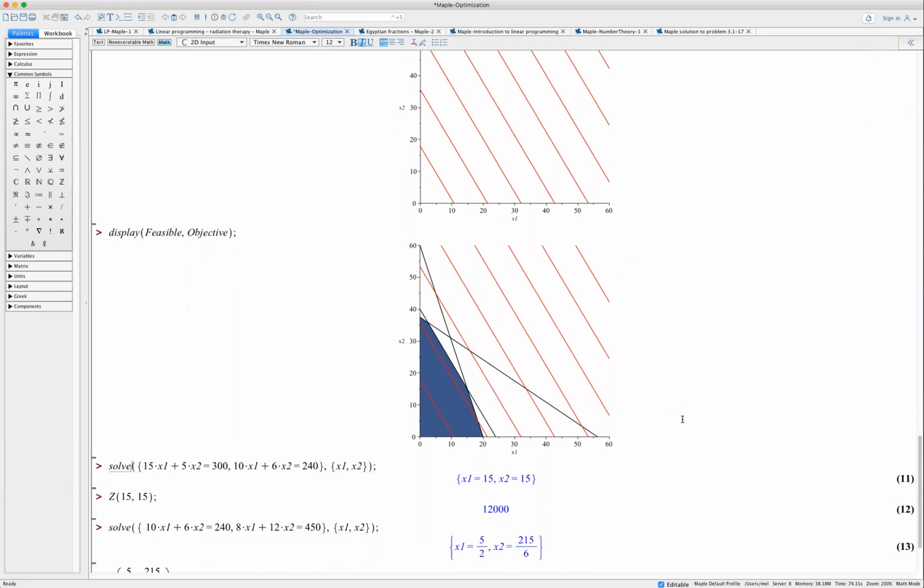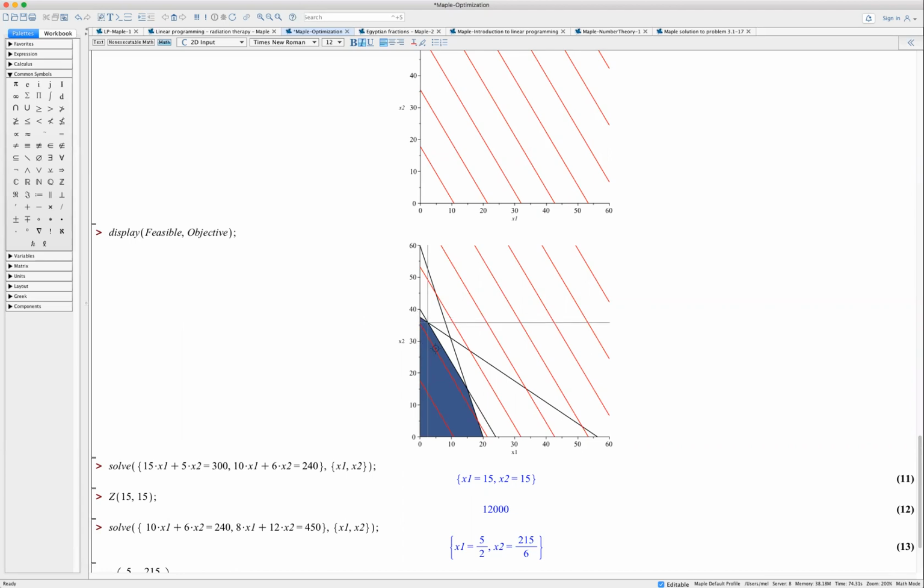But we'll prove, this is the simplex method, that the maximum value or the minimum value of the objective function always occurs at one of the corner points of the feasible region. And this feasible region has 5 corners. 1, 2, 3, 4, 5. And we want to see where you have the maximum value. It looks like it'll be at this point or this point.